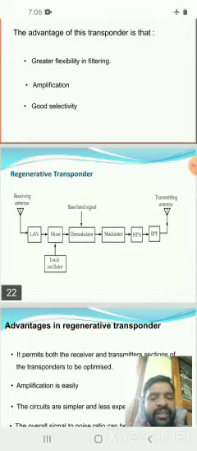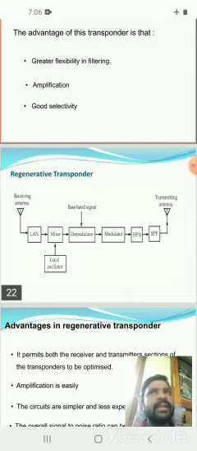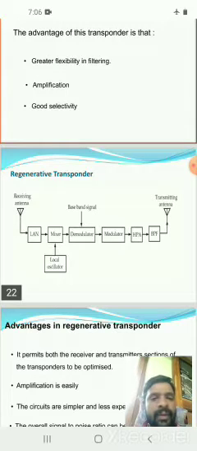In these, the received signals are just down converted and retransmitted. But in the regenerative transponder, the received signals are converted into message signals. Again, the message signals are modulated and converted into high power signals by using modulator and demodulator circuits.